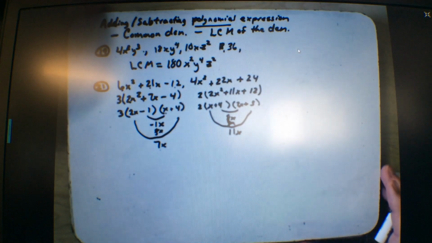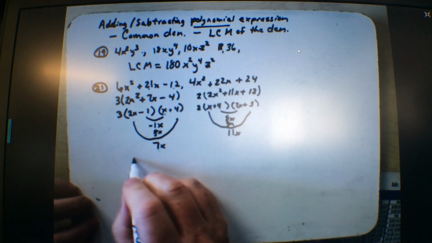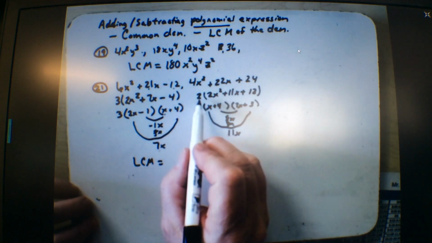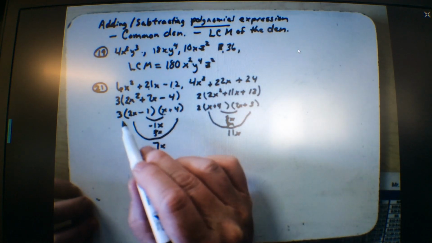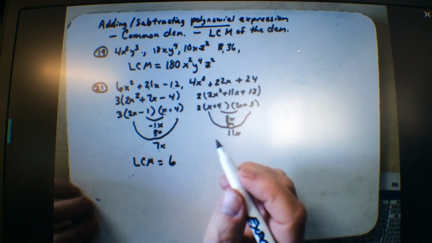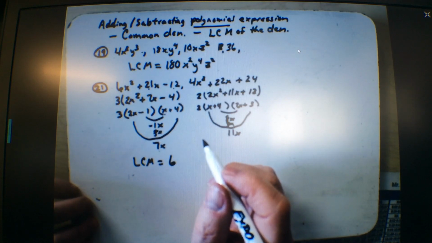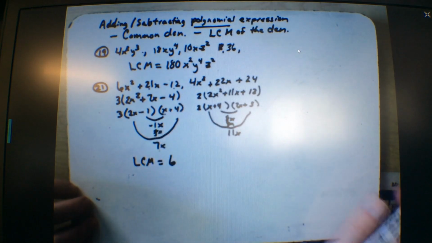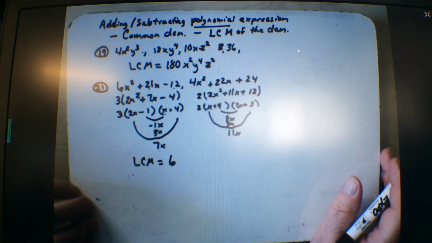Now, here's the hard part. What's the LCM? Well, let's start with the numbers. We have 2 and 3. 6. 2 and 3 both go into 6, so 6 is a factor. Any questions about the 6? Does one of those, like the x plus 4 and 2x plus 3, need to be a subtraction one?